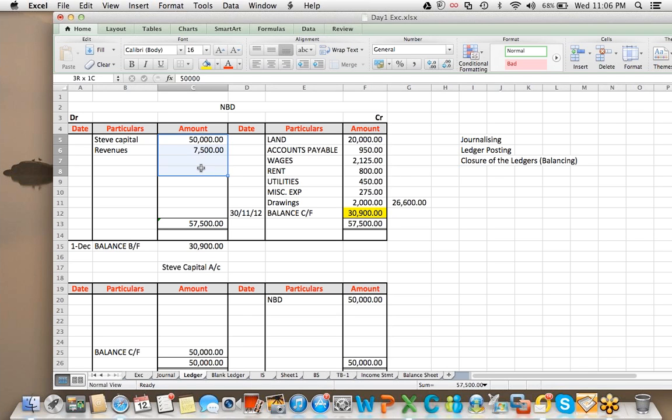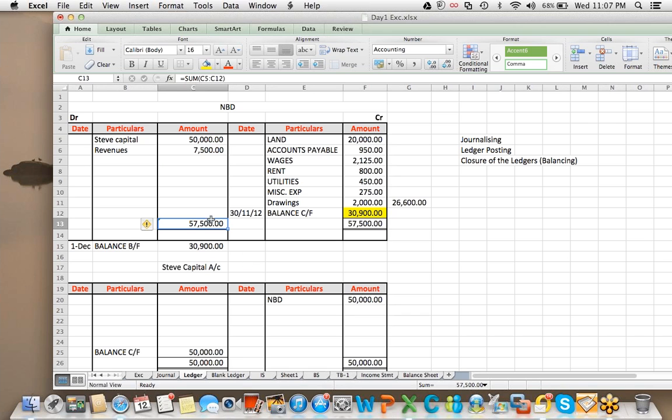The highest should be taken first. From the highest amount, the lowest amount would be taken out. Say for example, these are all November balances as per the exercise. On November 30th, these are the totals on the debit side. How much is that? 57,500.